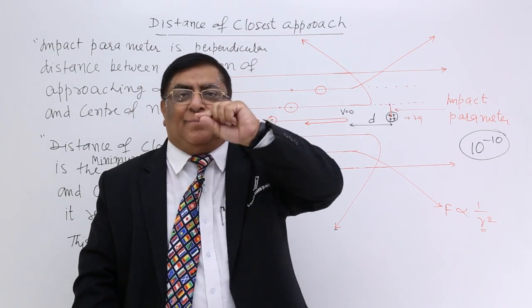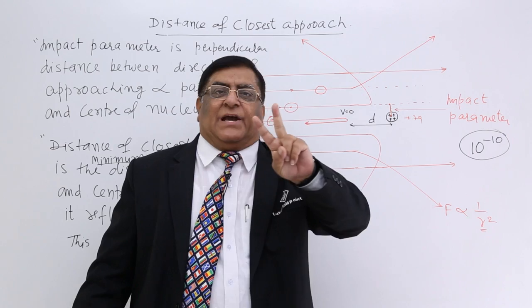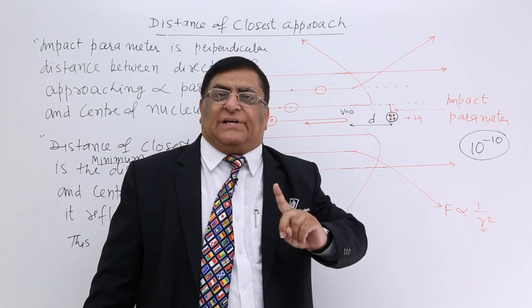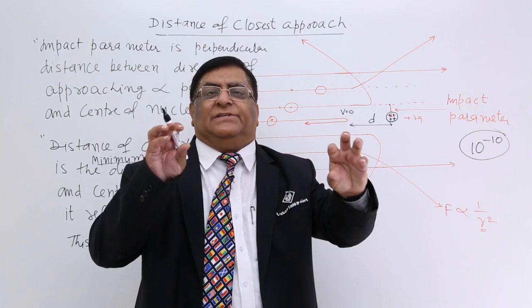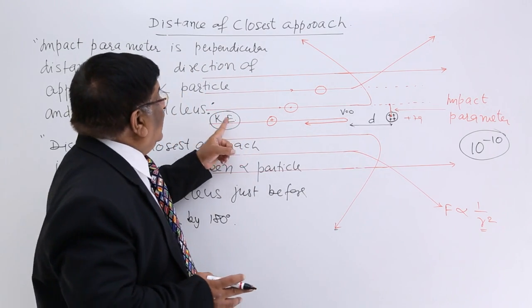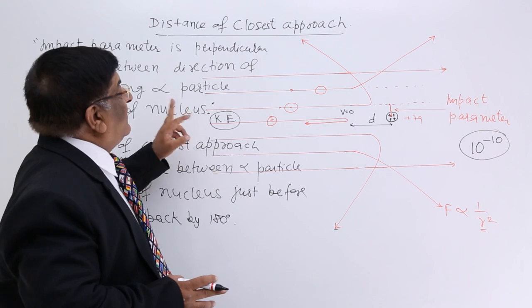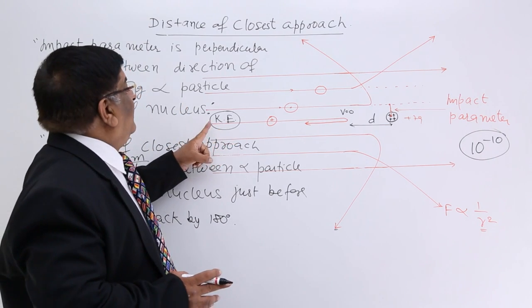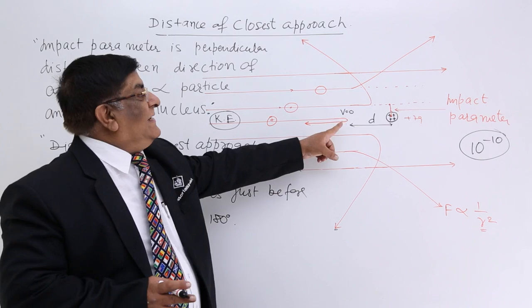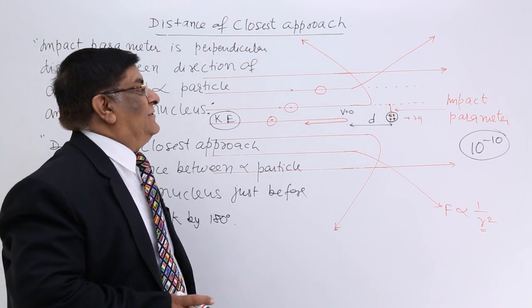On a path, kinetic energy and potential energy, we know the sum of the two is constant, and they keep on changing into each other. So here, at a distance, when the alpha particle started, it had full velocity, full kinetic energy, and that has converted to potential energy here.